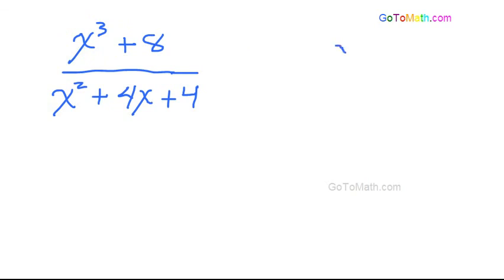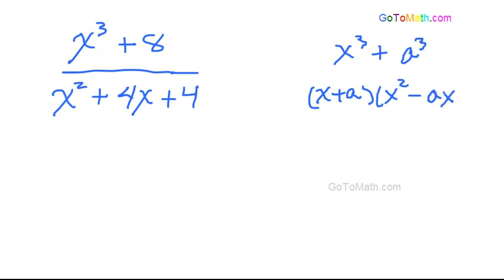We got the sum of two cubes, x cubed plus a cubed. So this can be factored as x plus a times x squared minus, remember this sign here is always opposite of this one, ax, and then plus, that's always a plus, a squared.